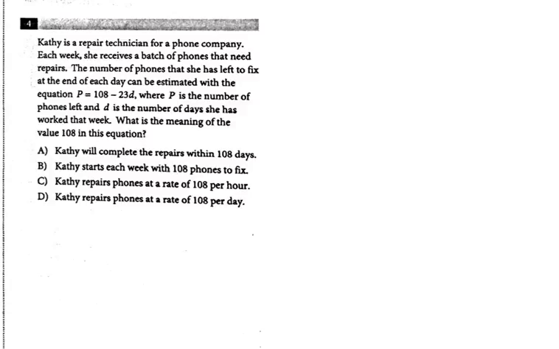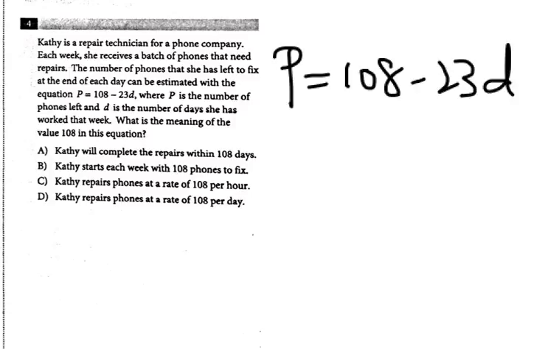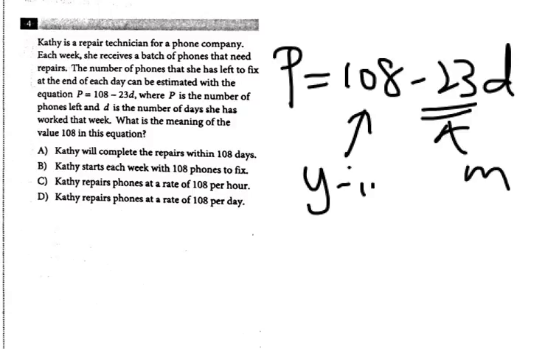So by looking at the equation where P equals 108 minus 23D, if you remember from coordinate geometry, this is a linear equation where negative 23 is your m and this is your y-intercept, which is your b here.